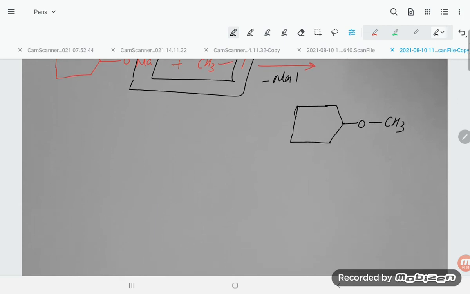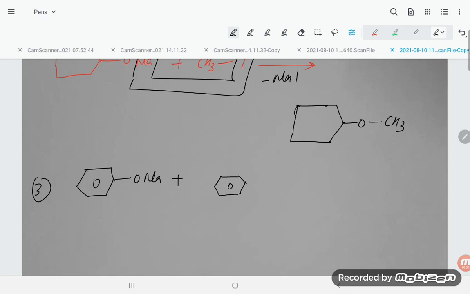Suppose if you are taking some other phenoxide, student, that is phenoxide ONa. Okay, this is the third example, and you are treating with a benzylic halide. So benzylic halide means what, student?